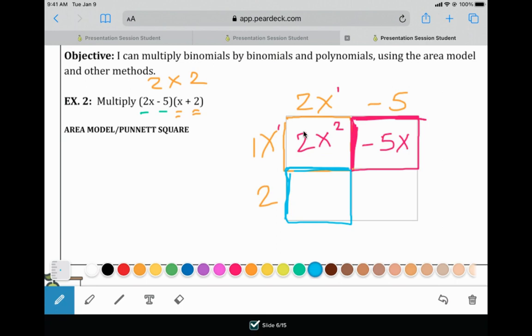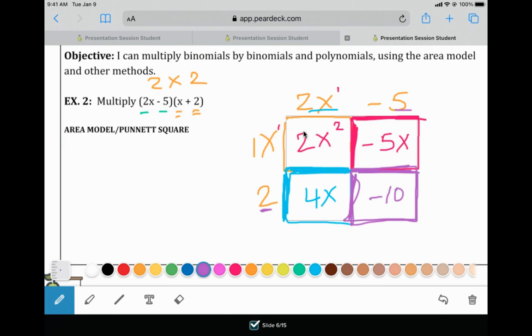So this side I know is 2. This side on the top is 2x. So 2 times 2 is 4, 4x. Then I can do the last box. If you think about the last box, this side is negative 5. This side right here is 2. So negative 5 times 2 is negative 10.